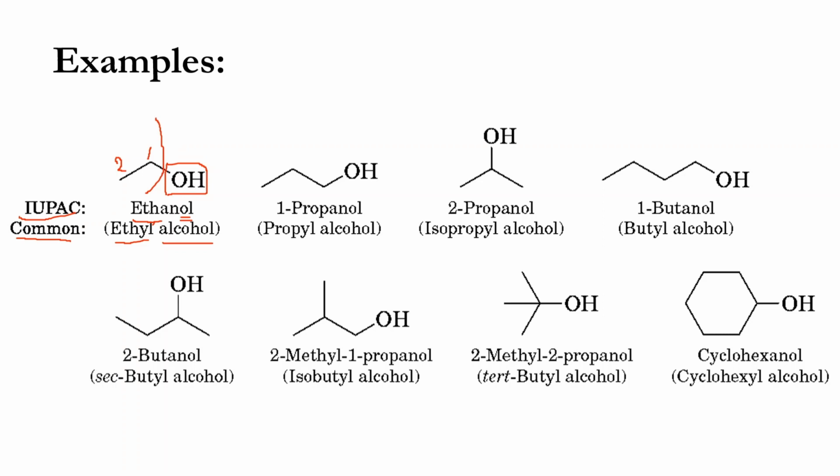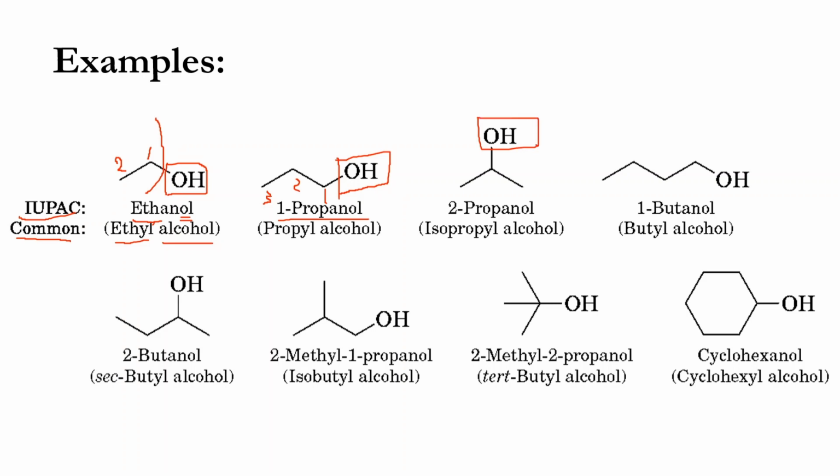This next example has 1, 2, and 3. Notice that the IUPAC name has the number 1, dash, and then the name propanol. Why? Because of isomerism. OH here is bonded at a terminal carbon, whereas in the next example, your OH is bonded to a non-terminal carbon.